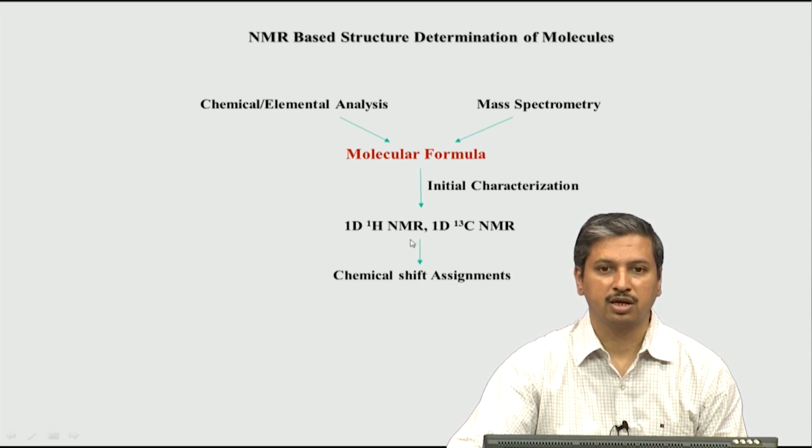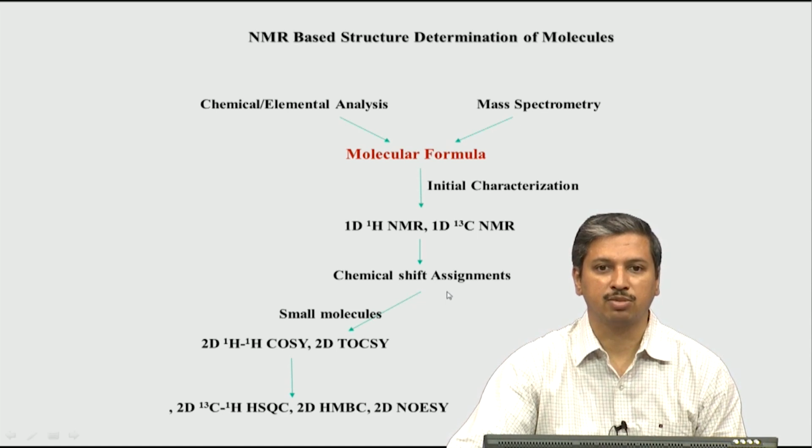Once you have done that, we now need to achieve chemical shift resonance assignments. For that, we need to go to higher dimensional, that is 2D NMR. For small organic molecules, typically this set of experiments is sufficient to establish the resonance assignment. All of these experiments we have seen in this course.